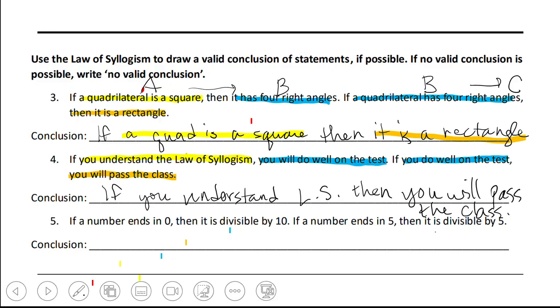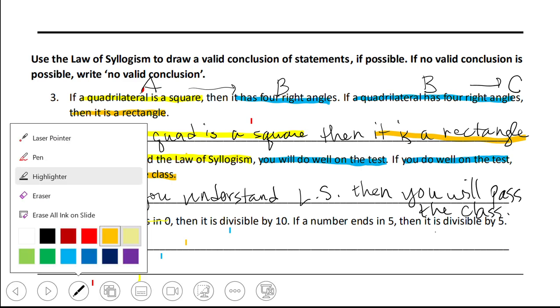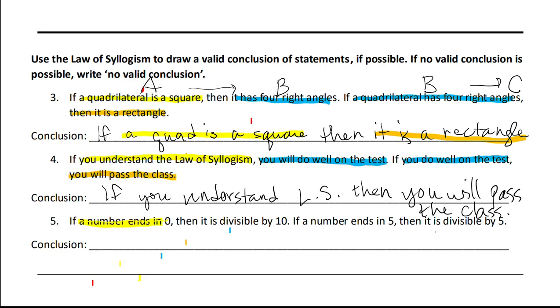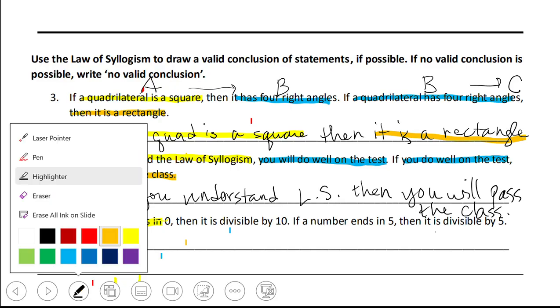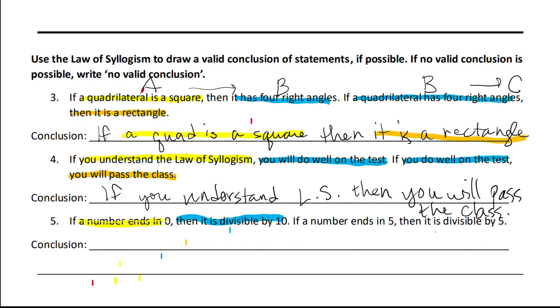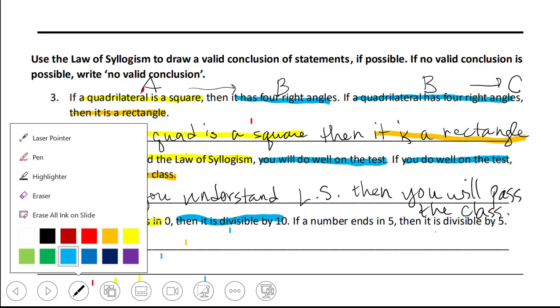If a number ends in 0, then it is divisible by 10. A number ends in 0. Then it is divisible by 10. If a number ends in 5, oh, that's going to be a different color.